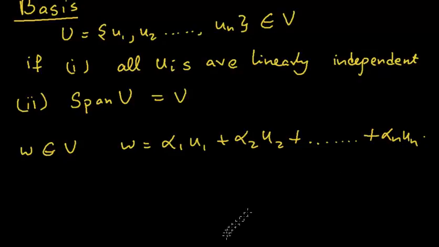If all these are a basis, meaning these two conditions are satisfied, then these alphas are unique. This is the only way to write W as a linear combination of these vectors. There's no other solution.